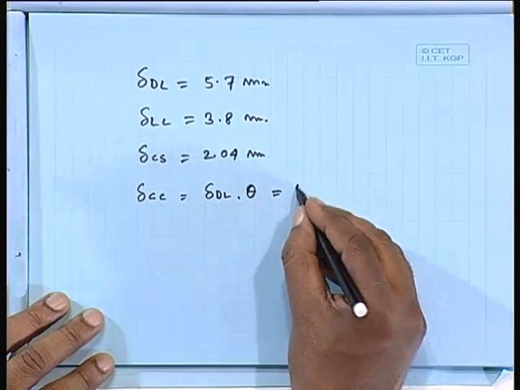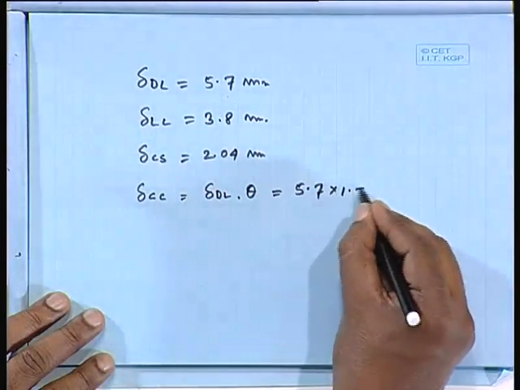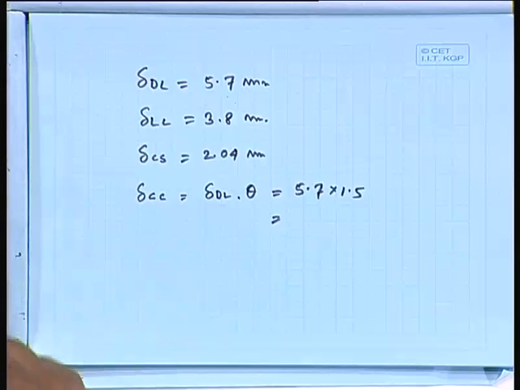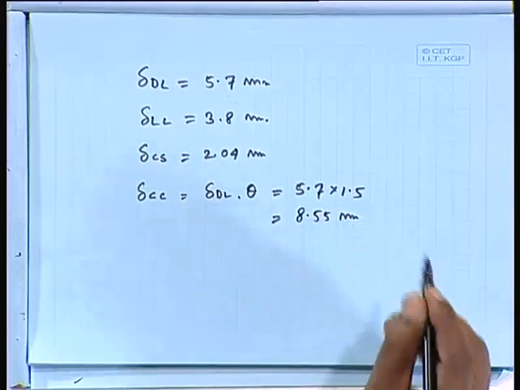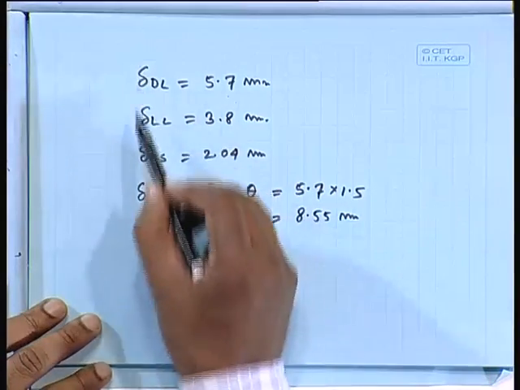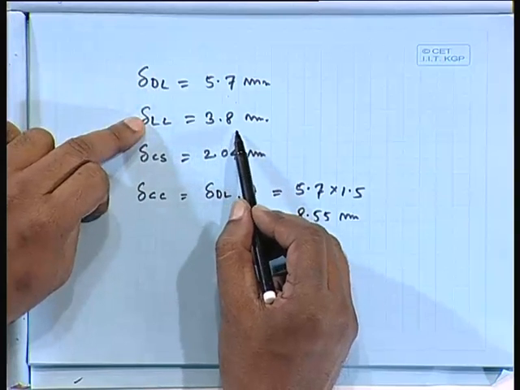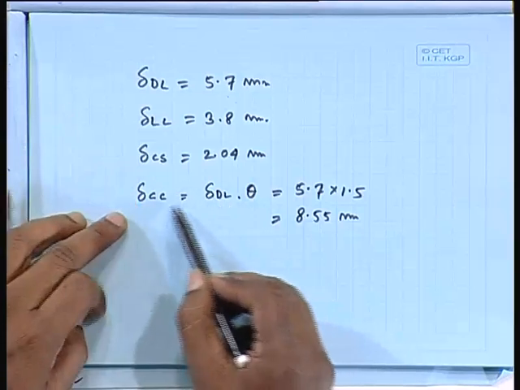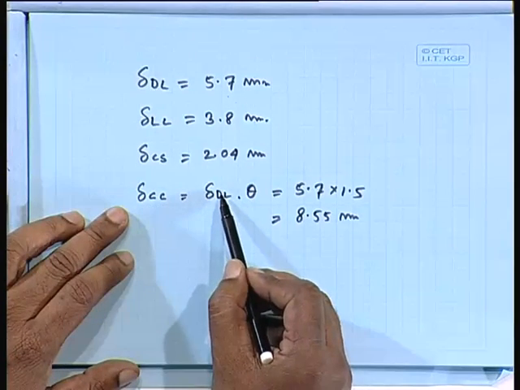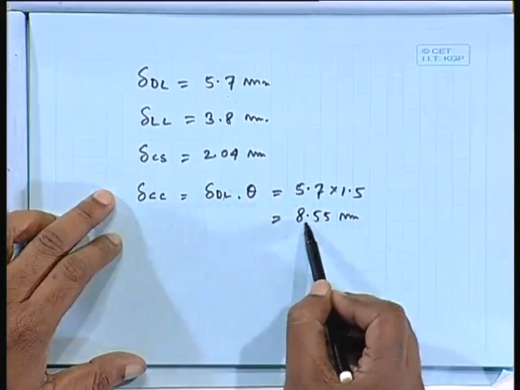Here it will be 5.7, this is due to permanent load, 5.7 times 1.5, which equals 8.55 millimeter. This is due to dead load times theta, which gives me the deflection due to creep.